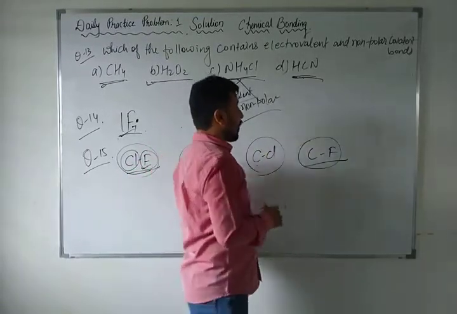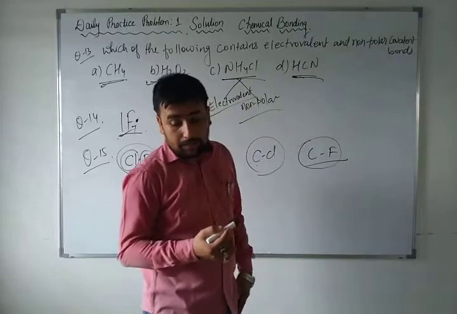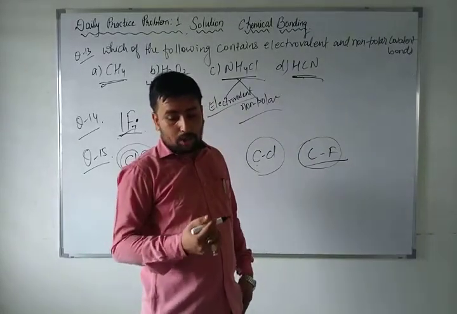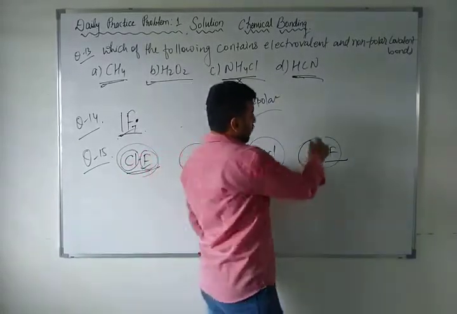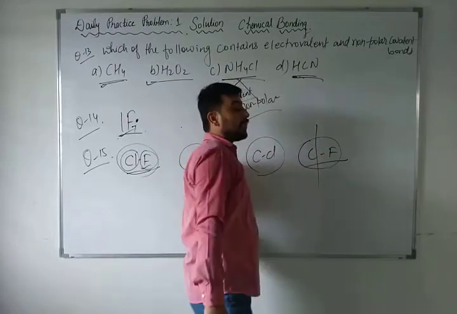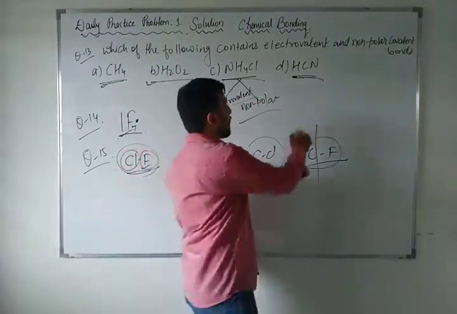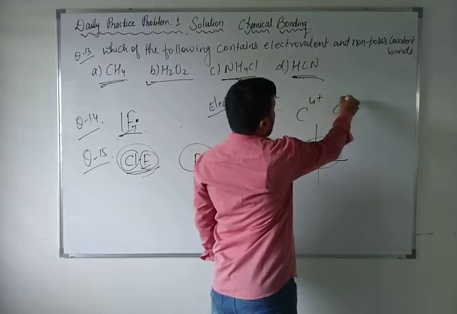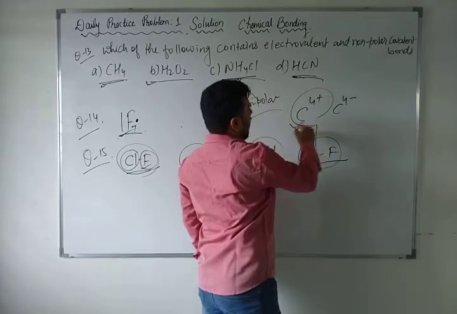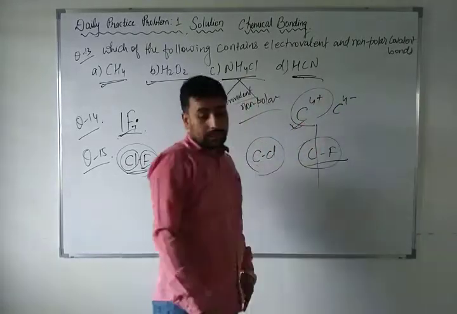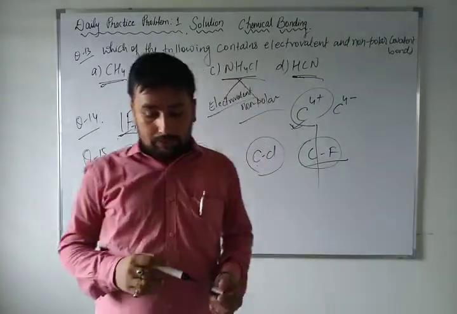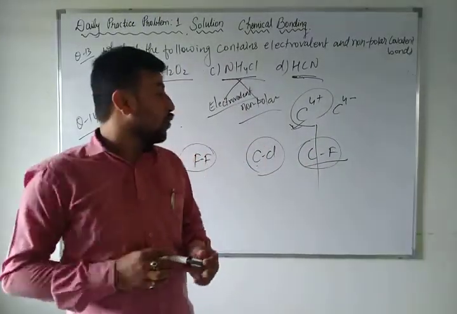But if I talk about the maximum strong covalent bond, you can see it here in carbon and fluorine. Fluorine is the highest electronegative element, and carbon can be C4 plus also and C4 minus also. So remember, highly electropositive and highly electronegative can form a strong covalent bond.